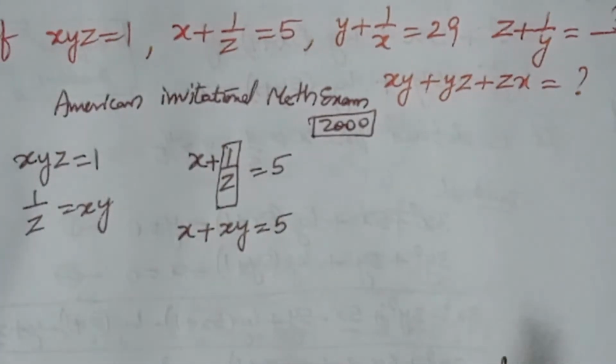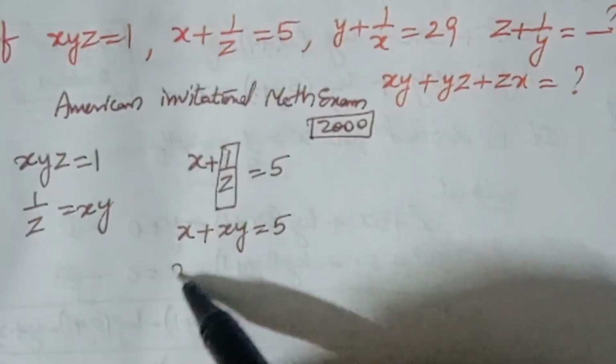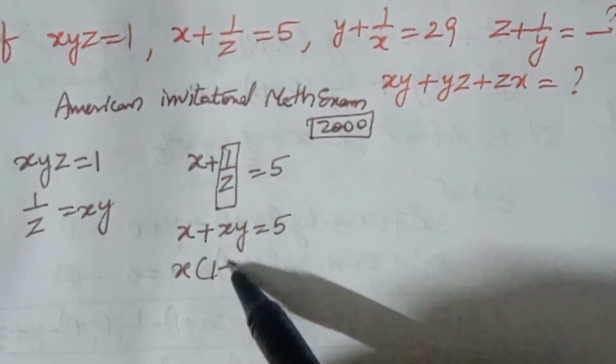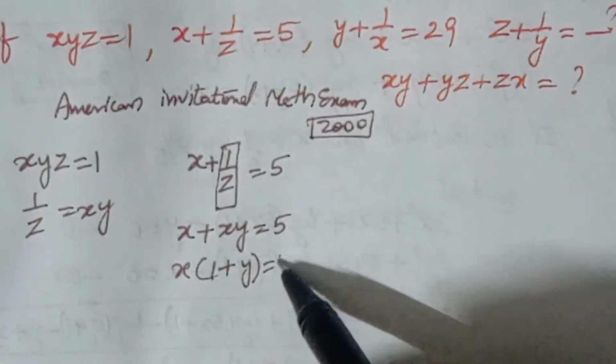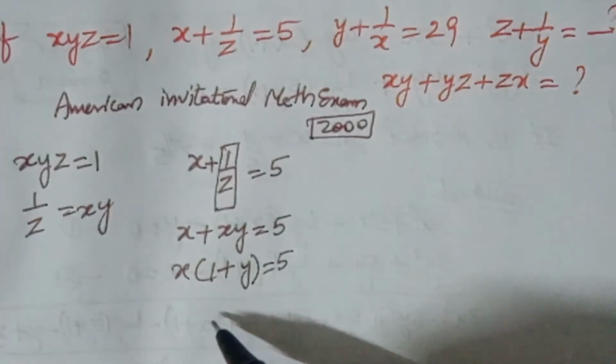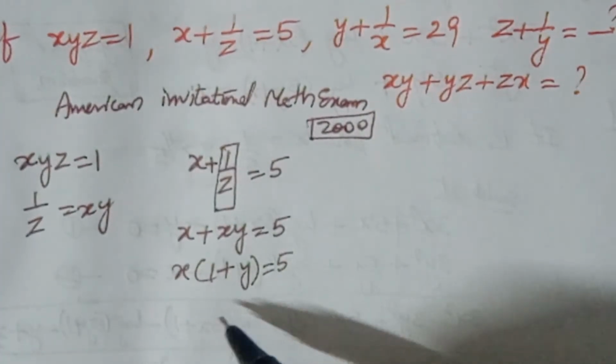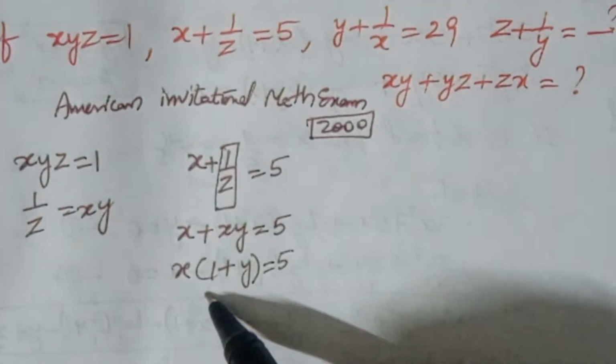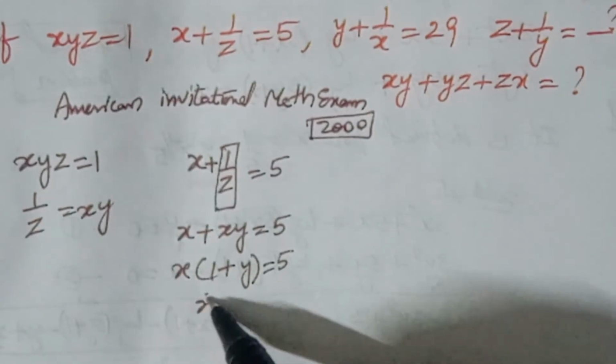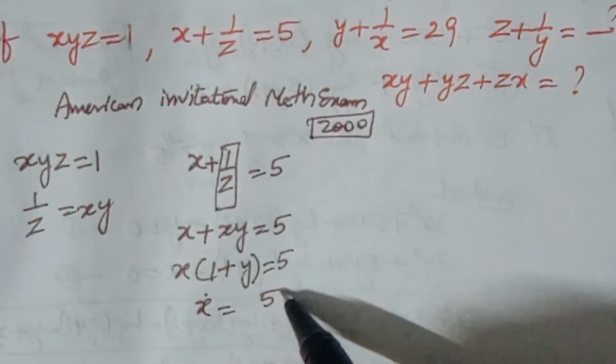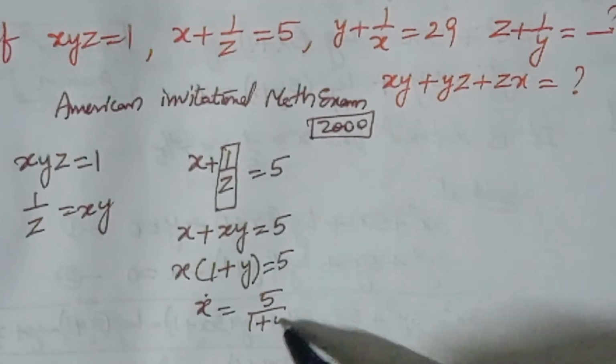Taking x common, x into 1 plus y is equal to 5, so x is equal to 5 by 1 plus y.